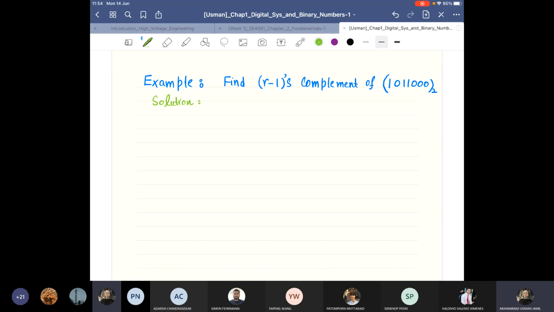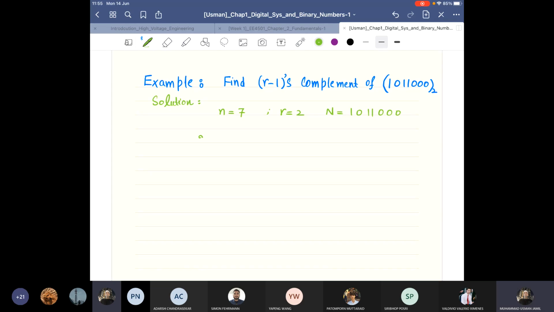So now solution from this one is, so we have n is equal to 1 2 3 4 5 6 7. N is 7, r is 2, and n is equal to 1 0 1 1 0 0 0. Put in the formula.